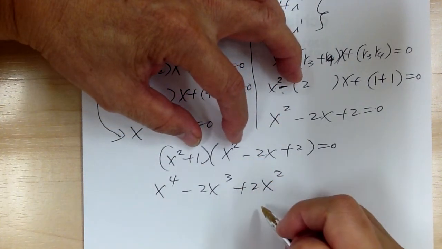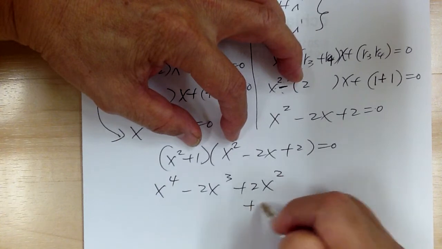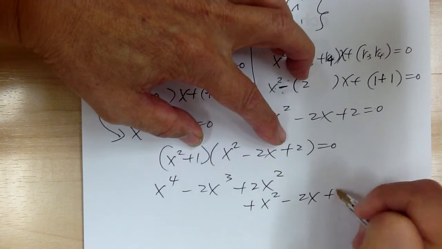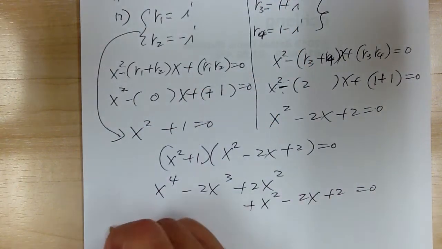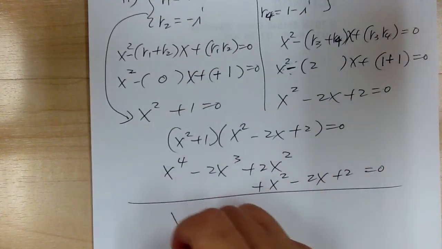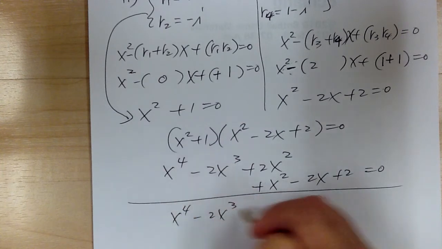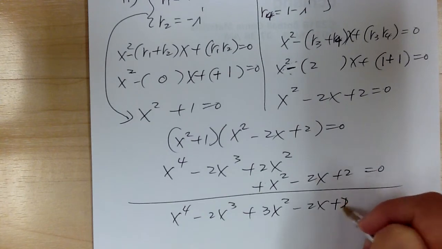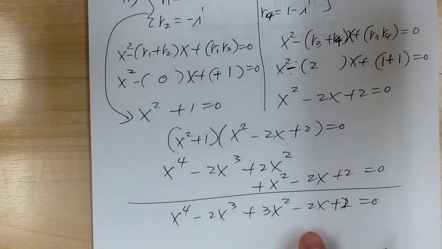So this one will be plus x squared minus 2x plus 2 equal to 0. Okay? And so you're going to get x to the 4 minus 2x to the 3 plus 3x squared minus 2x plus 2 equal to 0. Okay, and so that's it for number 17.